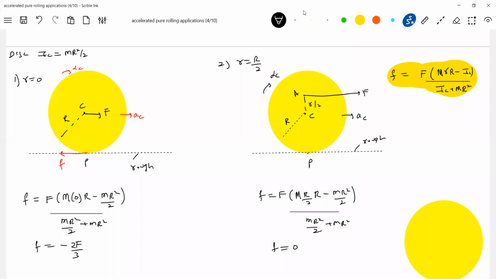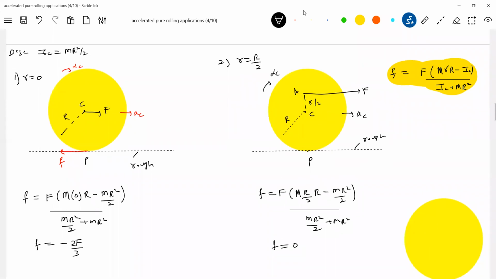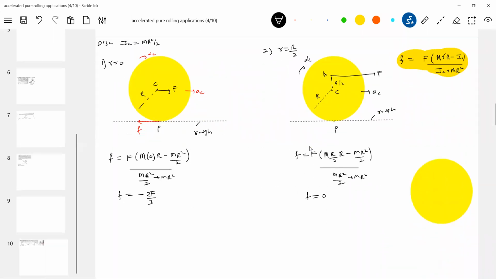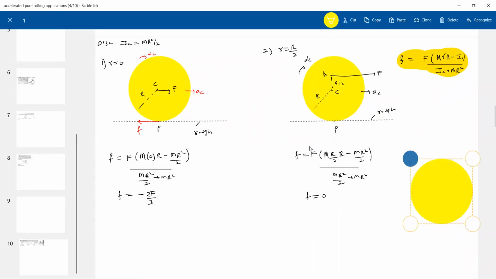Sir, let me apply it at a distance less than r by 2. We'll see what conditions will arise here. Now I'm taking the third case.